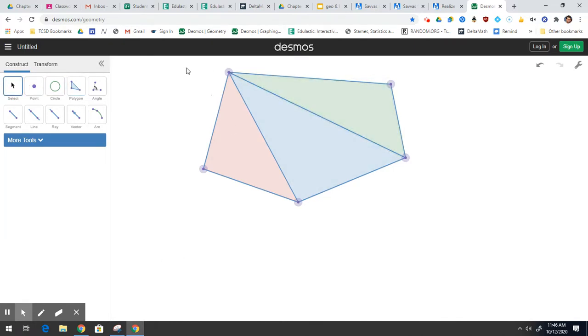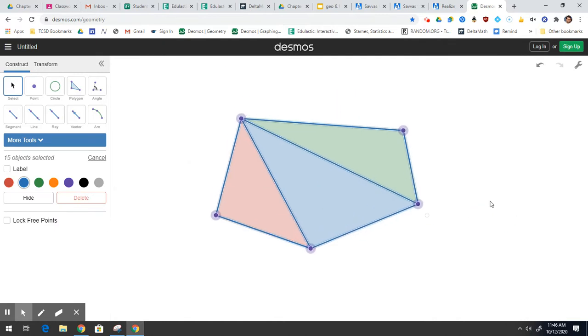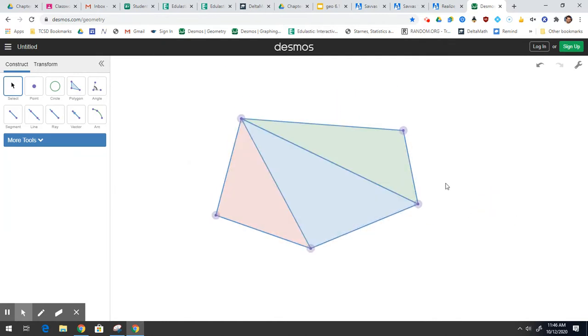Now you can see that this pentagon I started with was broken into 1, 2, 3 triangles. What is the sum of the angles of a triangle? The sum of the angles of a triangle is 180. This pentagon is now made up of 3 triangles, so 3 times 180 is the sum of the angles inside this pentagon.